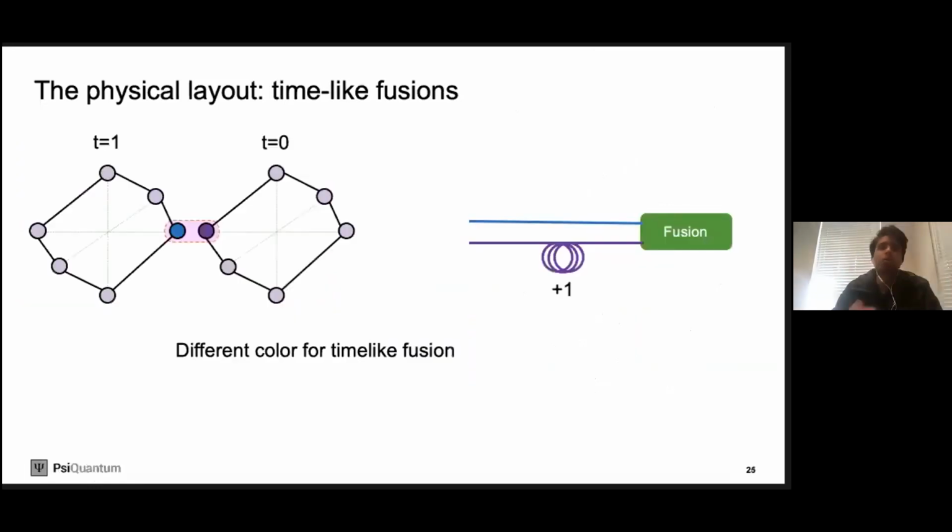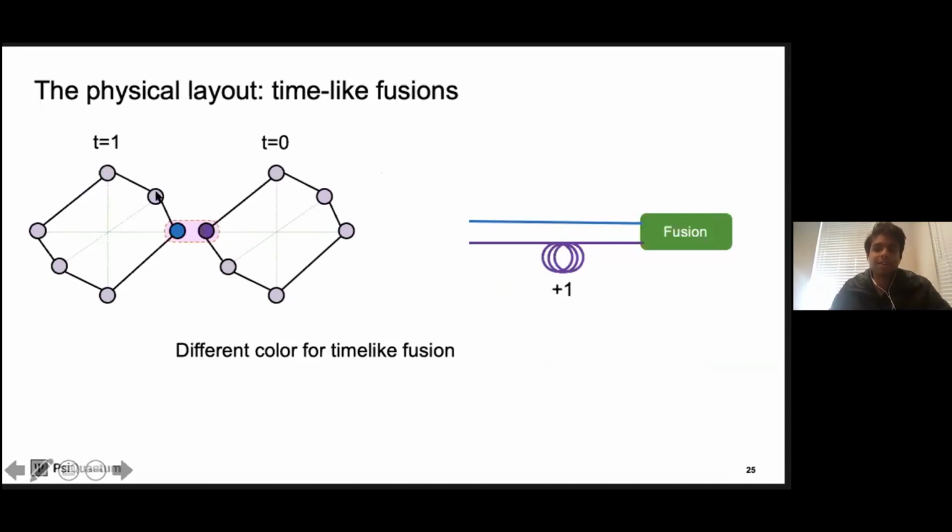But I don't always need 2 resource states to come from 2 different resource state generators. I can also perform a fusion between 2 resource states created by the same resource state generator. So consider a situation where a resource state generator creates this resource state at time t equals 0. As soon as this resource state is created, the dark purple qubit here is sent through a delay of 1 clock cycle. In the next time step, the same resource state generator creates another resource state.